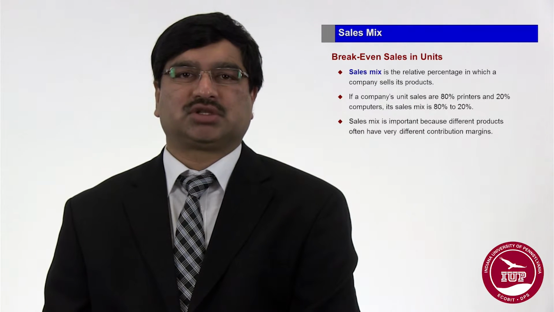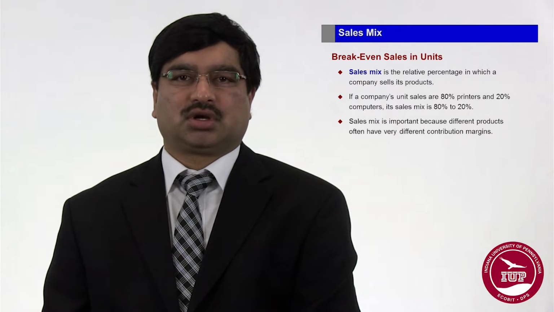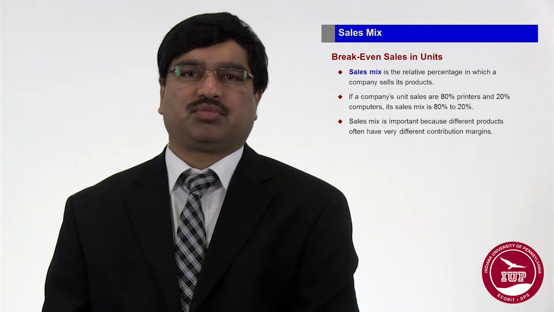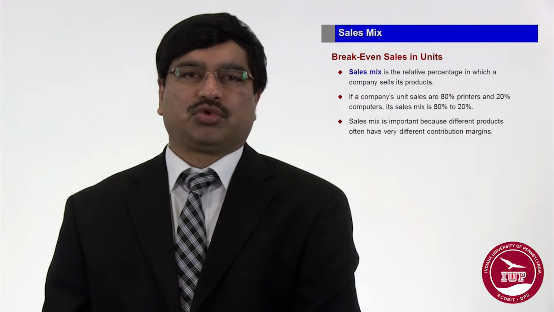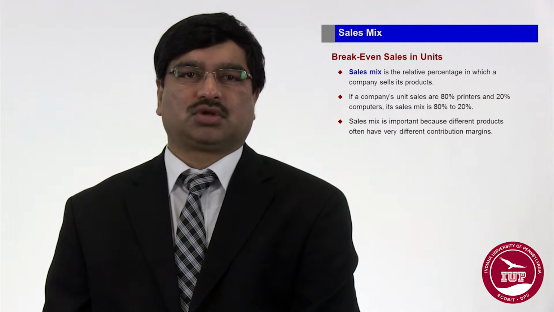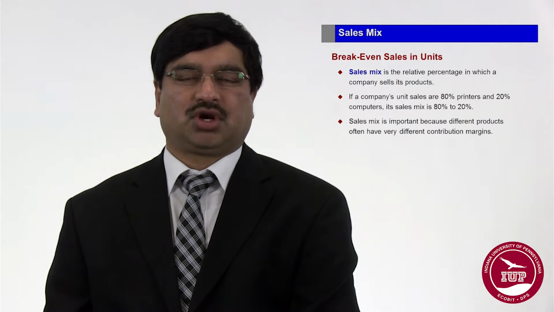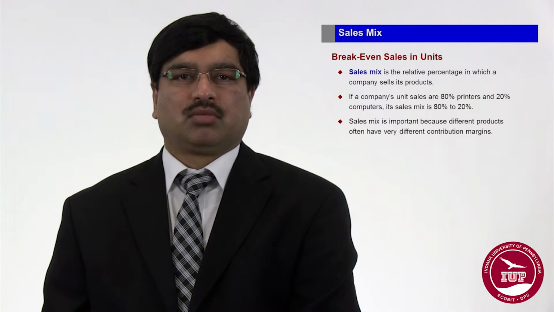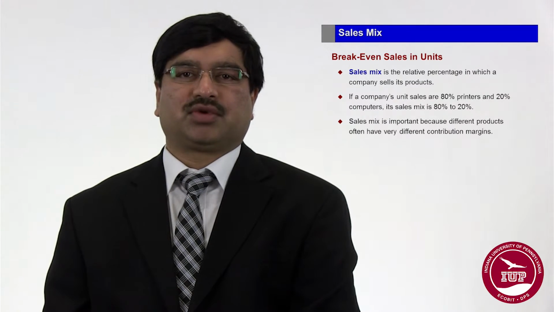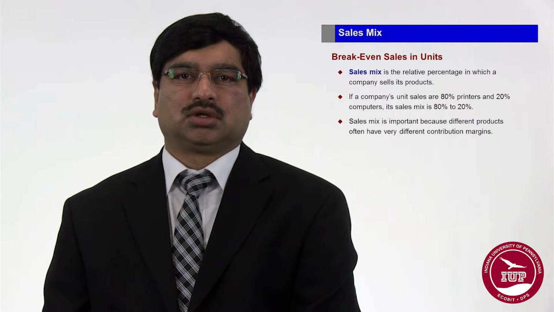If a company sells a mix of printers and computers, where printers consist of 80% of the total sales volume, and computers consist of 20% of the total sales volume, then the sales mix is considered as 80% to 20%, or 80 is to 20. Because different products have different contribution margin, the sales mix is an important consideration.